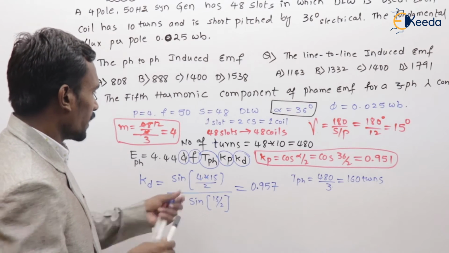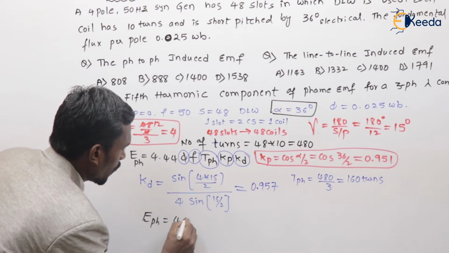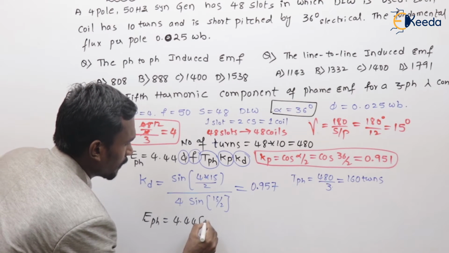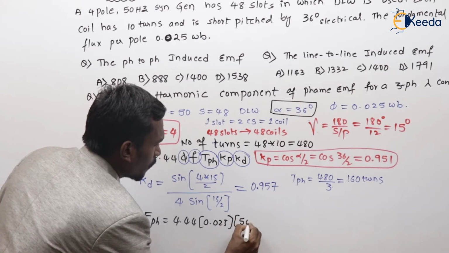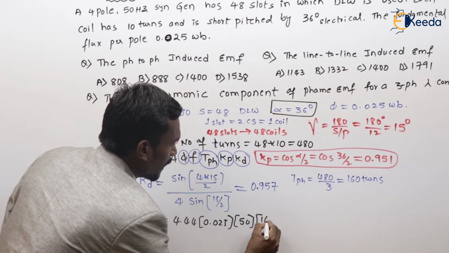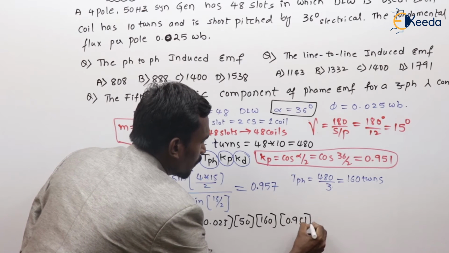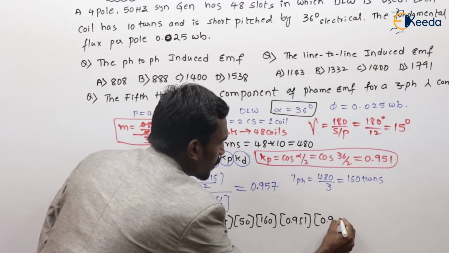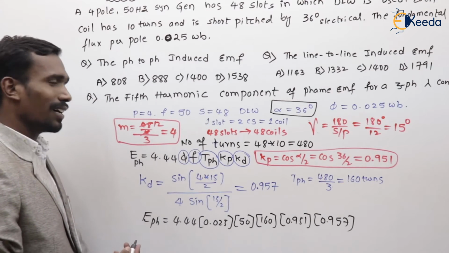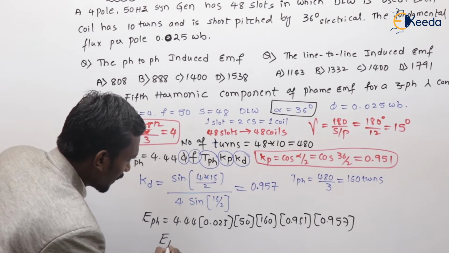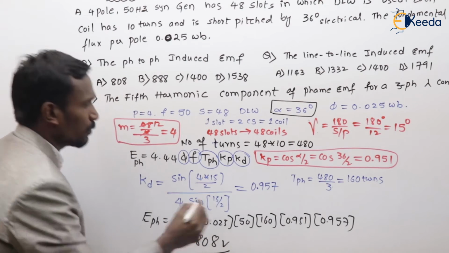Now tell me, what is the EMF per phase? The EMF per phase is equal to 4.44 multiplied by 0.025 multiplied by 50 multiplied by 160 multiplied by 0.951 multiplied by 0.957. If you calculate this, we get 808 volts.